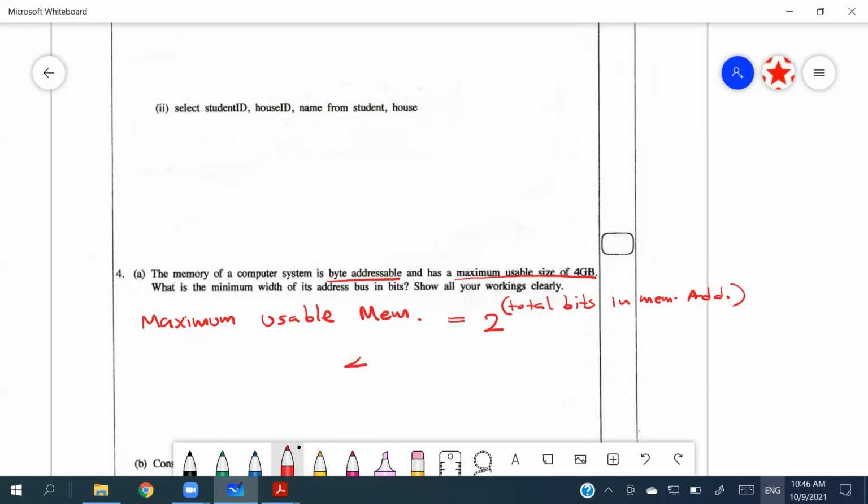Right, so maximum usable memory is 4 GB equals 2 to the power, let's take X as the total bits in memory address.